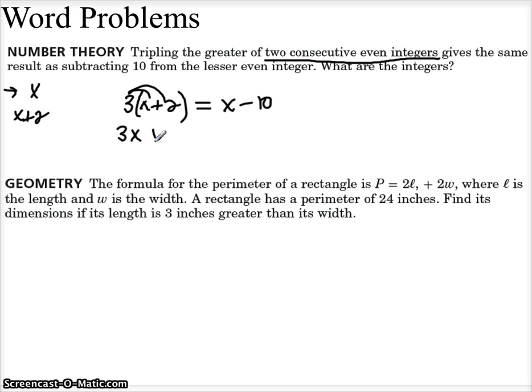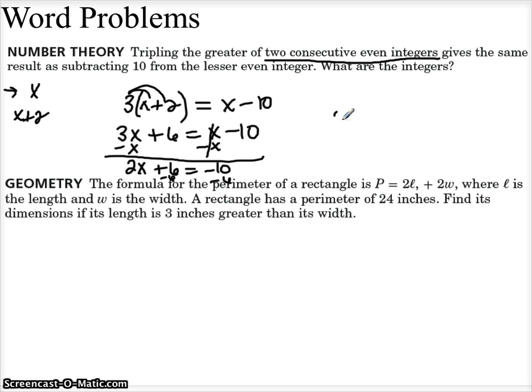You distribute: 3x plus 6 equals x minus 10. Minus the x over, you get 2x plus 6 equals negative 10. Minus the 6, 2x equals negative 16, and divide by 2, x equals negative 8.